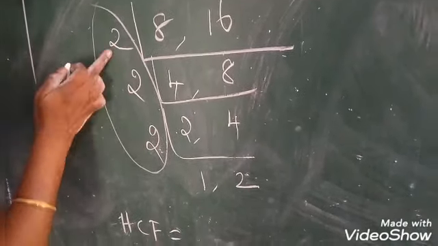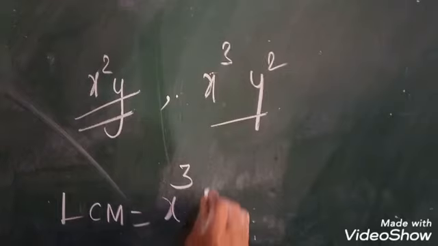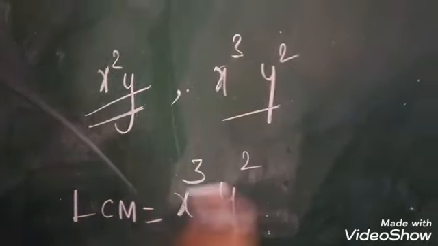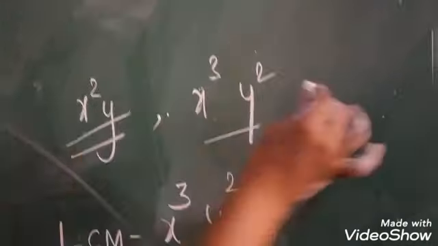So x power 3. Then here y, and here y squared. The highest degree is y squared. Suppose another term has z added, which is not common. No problem. For the common variable you write the highest degree, and for the not common variable you write it as it is.